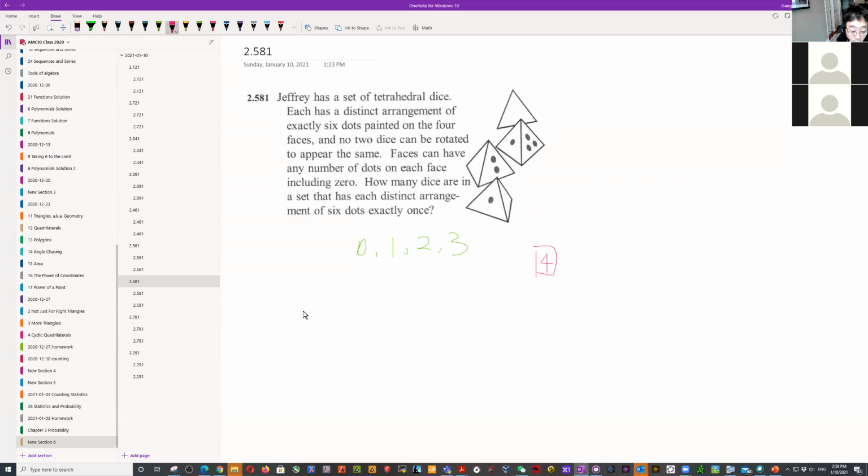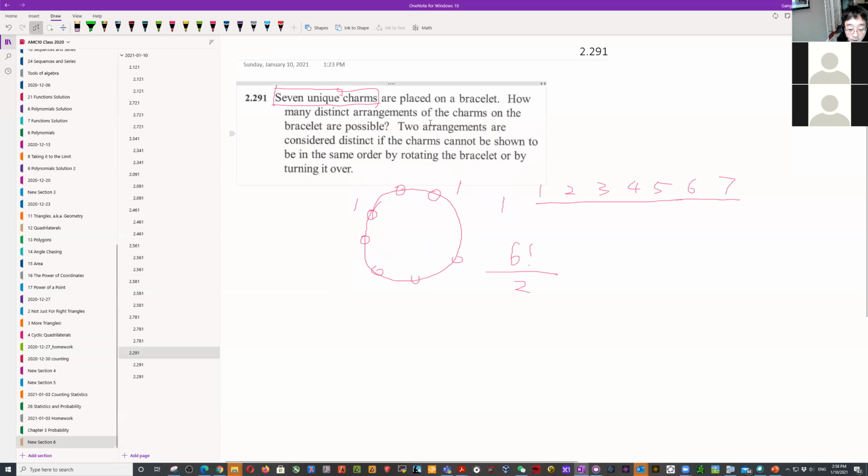I think this will be very interesting, because I know that with a bracelet you have 2 ways to put it on and it's still the same. So this one is very typical. There are two circular arrangements: one is arranging people at a table, the other is arranging a bracelet or necklace or other things.